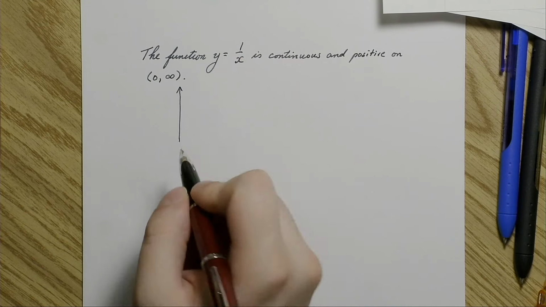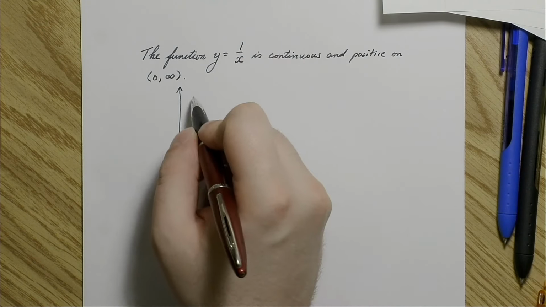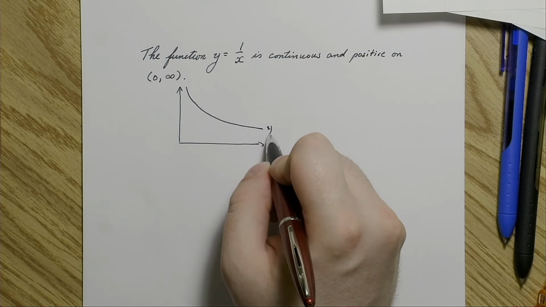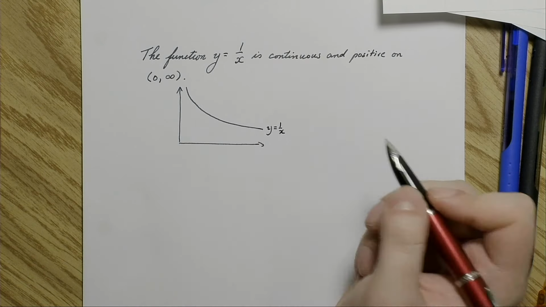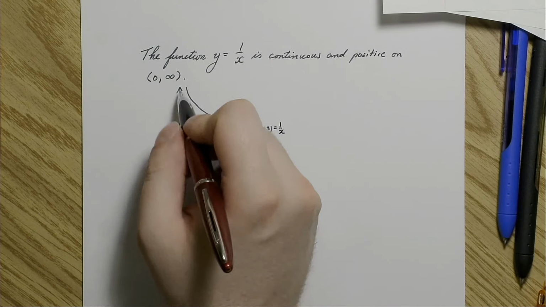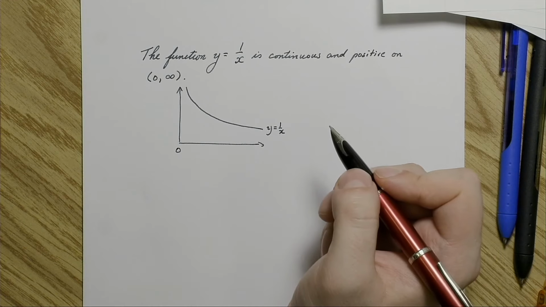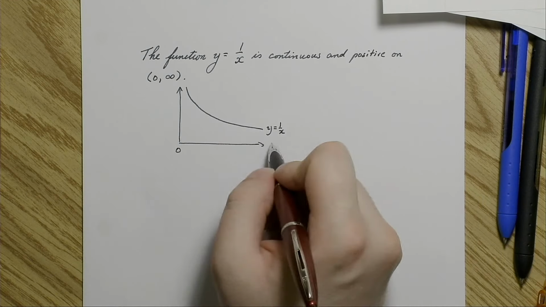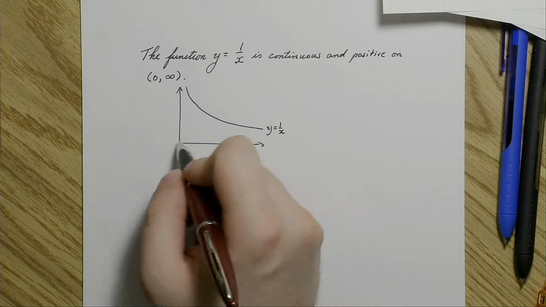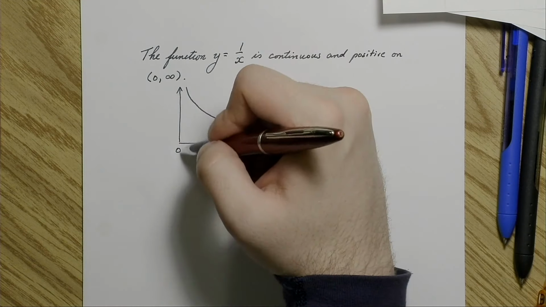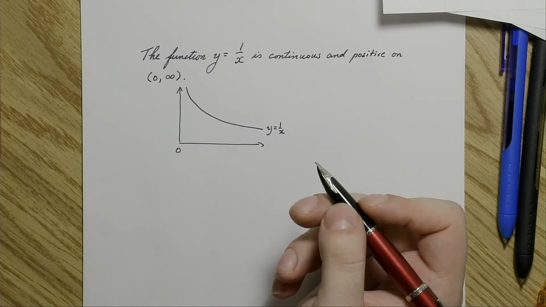Let me just draw that in. There we go, that's y equals 1 over x. Again, y equals 0 is the horizontal asymptote, and x equals 0 is the vertical asymptote.